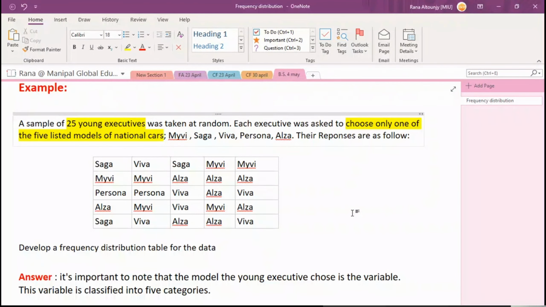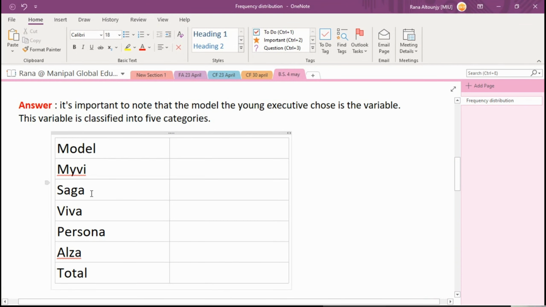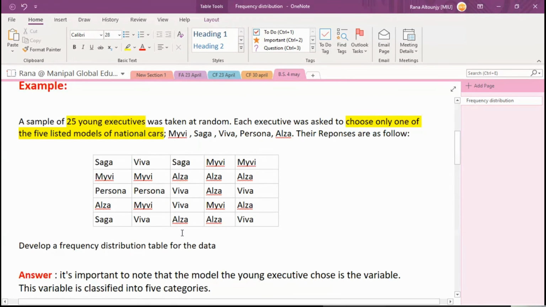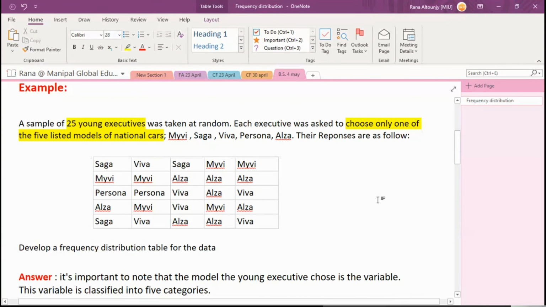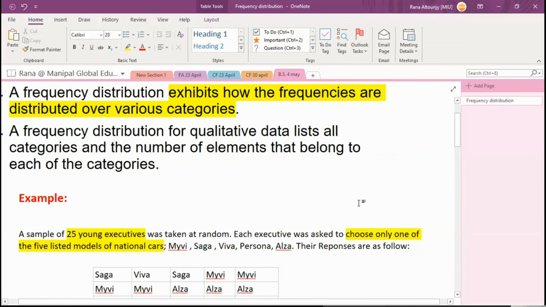We put the model of the car as a variable: Myvi, Saga, Viva, Persona, Alza. Then we need to calculate how many times each of those models was selected from those 25 executives. We call it a frequency distribution.